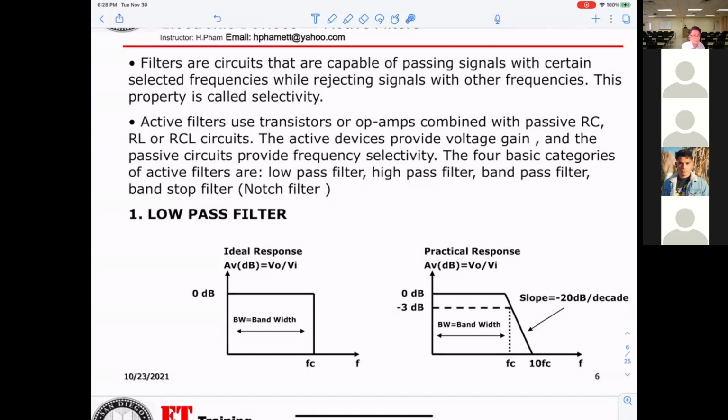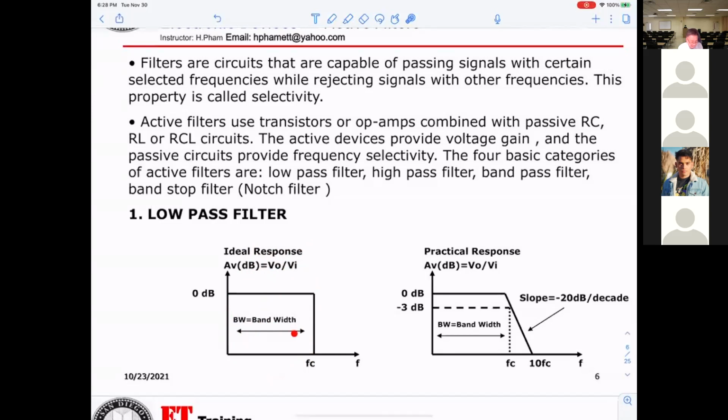So if you really understood it last summer, then it's easier for you to understand the active filter. Okay, this is a low pass filter, ideal response. That means you start from 0 and go up to the cutoff frequency. That's what they call the bandwidth.